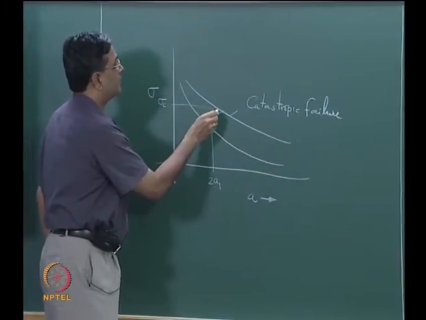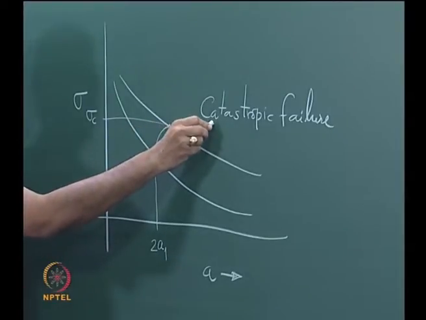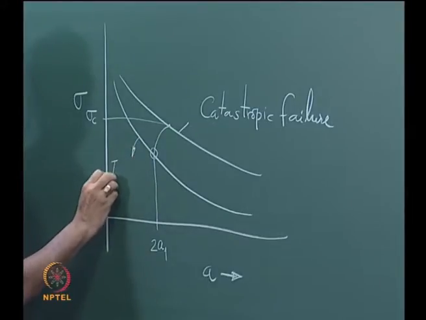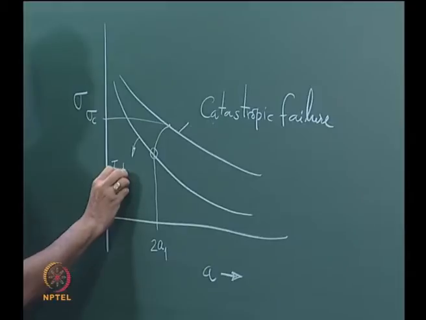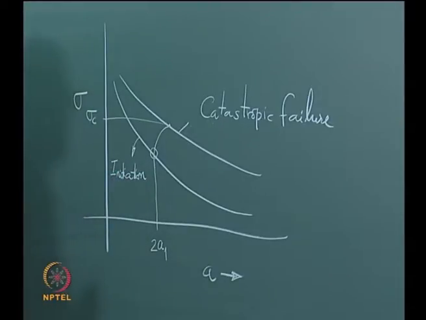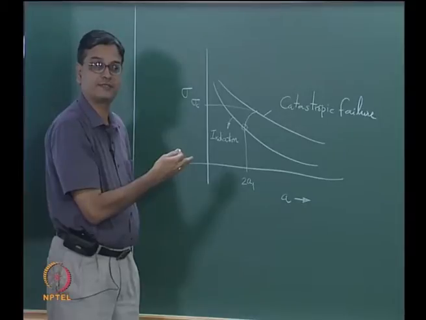Once the crack length increases and touches this line, you will have a catastrophic failure, and here crack initiation takes place. From this graph, what we are trying to do is develop the concept of apparent toughness.